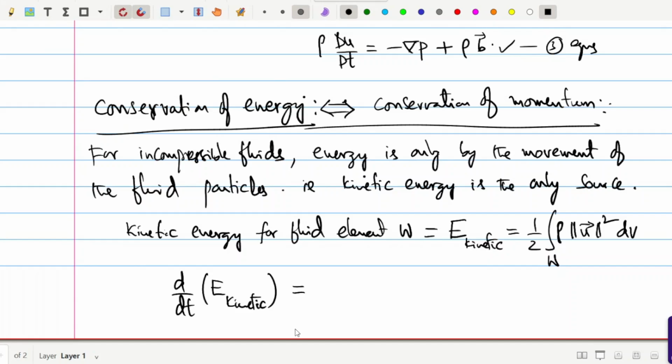Basically, you do some work on the surface, or inside, from the surface forces, right? You have W, a fluid element. What are the surface forces? What is work? Force into distance.